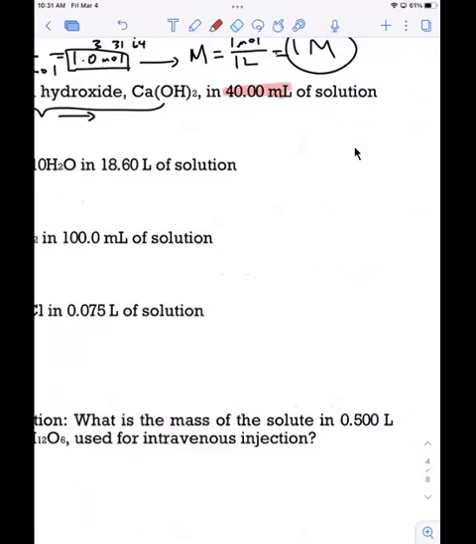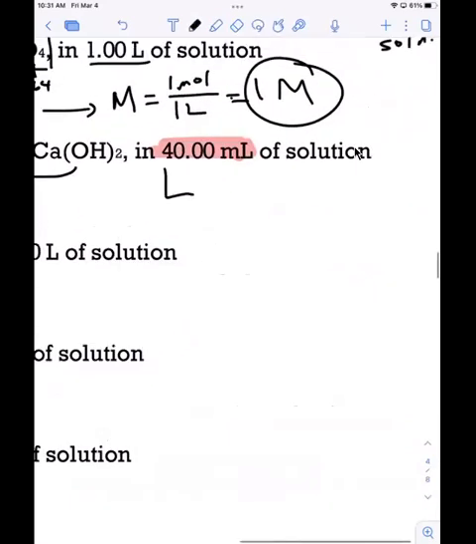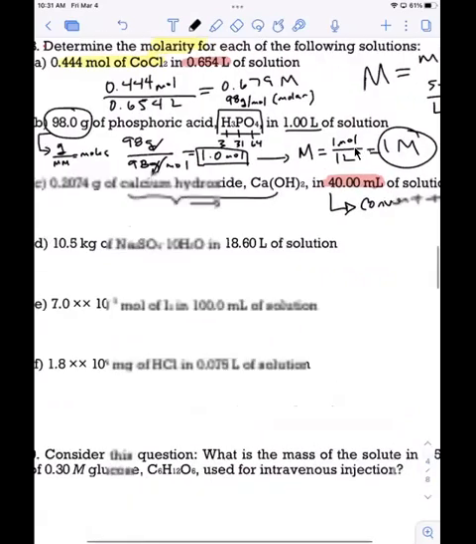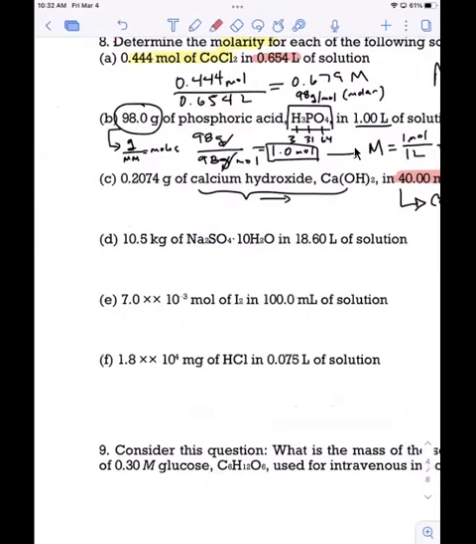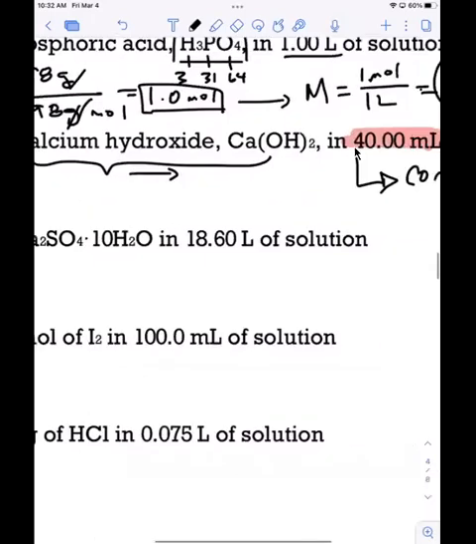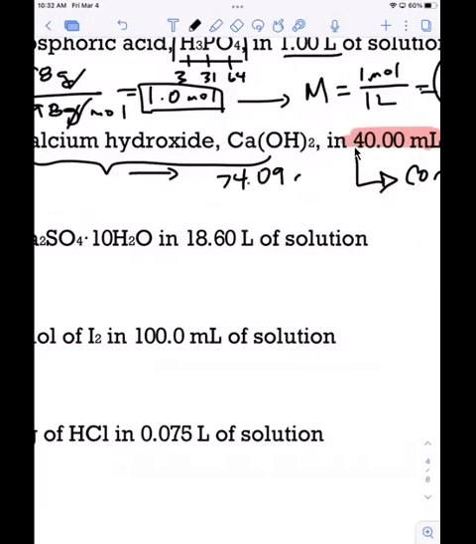And we have another problem too, because this is in milliliters, so that's got to be converted to liters. And this has to be converted to moles. 74.093, so 74.09 grams per mole.